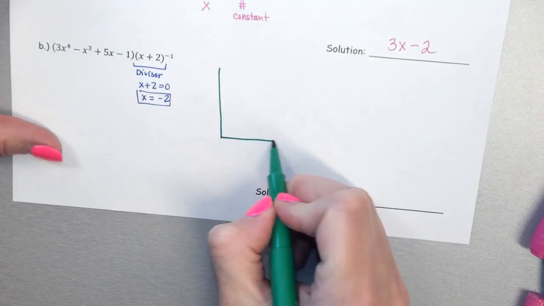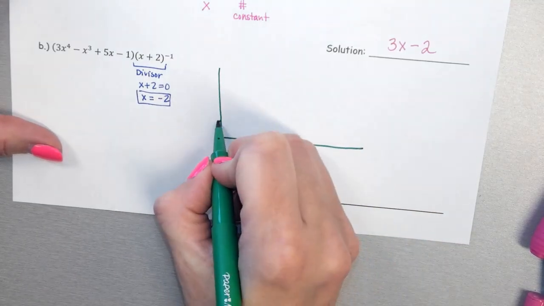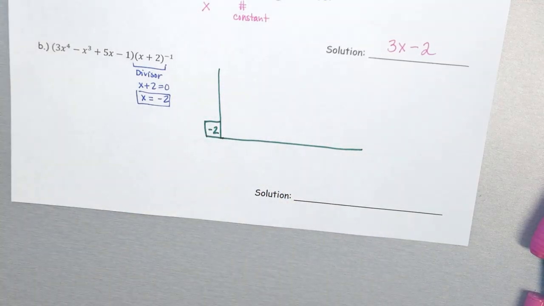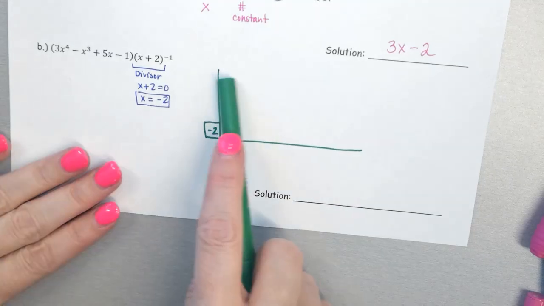Okay, so let's do our setup. One suggestion I have for you is don't try to scrunch things in. Don't be afraid to use space. Usually if people make a mistake on this, it's because numbers are too close together and they read it as a different number. So let's start with the coefficients.